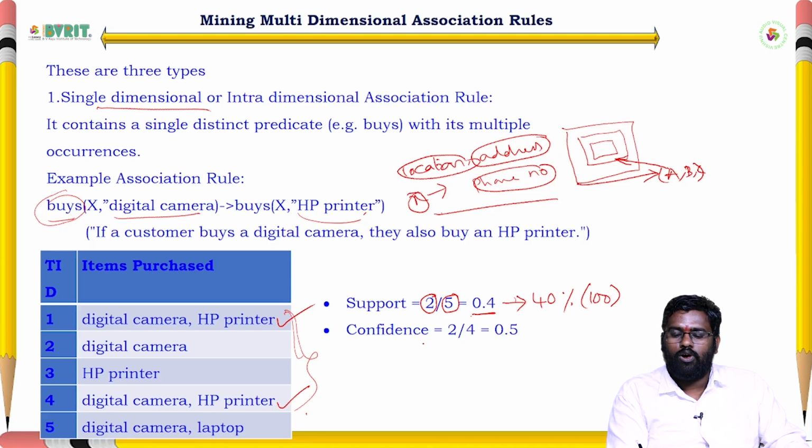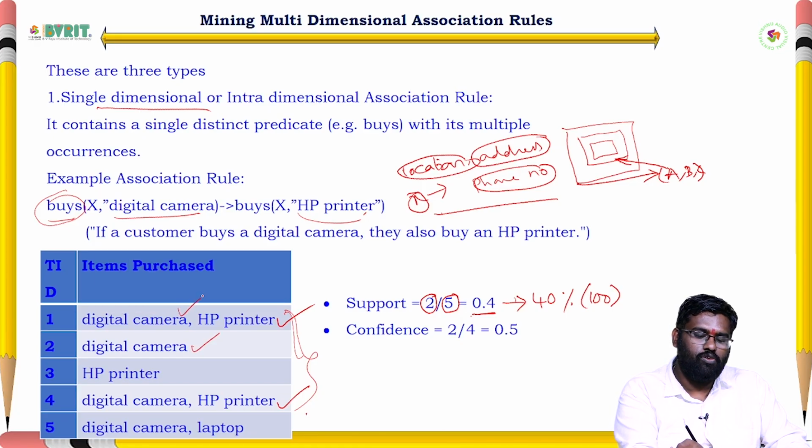If we calculate the confidence, based on it we finalize what percentage will buy. These 2, the total number of digital camera and HP printer purchases, divided by the number of digital camera purchases we already have. The digital camera is there in the first row, second row, third row, fourth row and fifth row, so in total 4 are there. Taking that 4, the confidence value is 0.5.